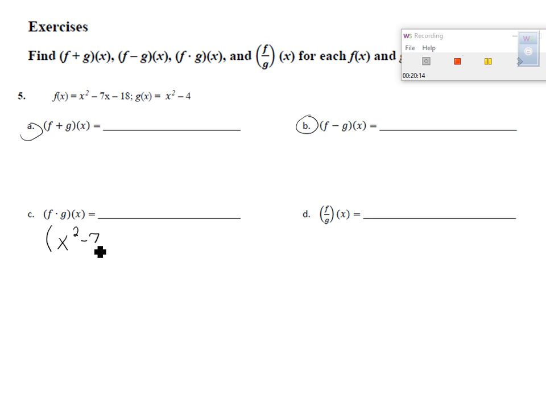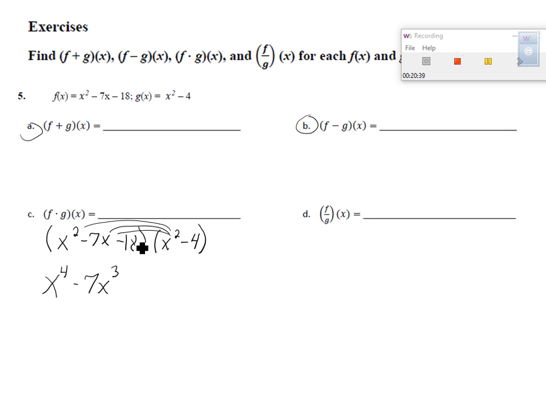I'm going to have x squared minus 7x minus 18 times x squared minus 4. There's really no shortcut to this. I'm going to distribute this x squared to everything. So I got x squared times x squared is x to the 4th. I've got x squared times negative 7x is negative 7x cubed.